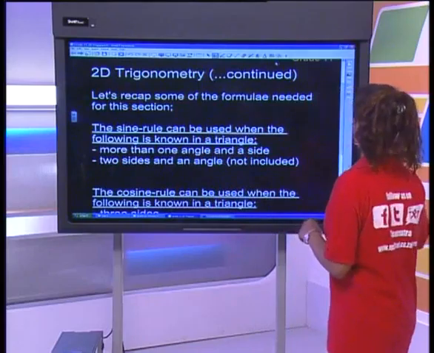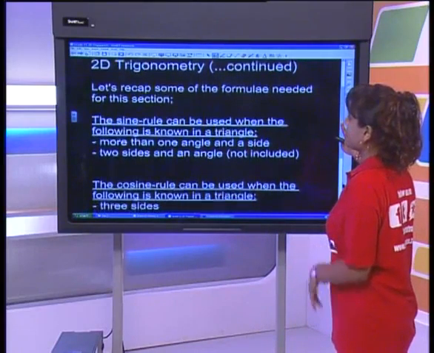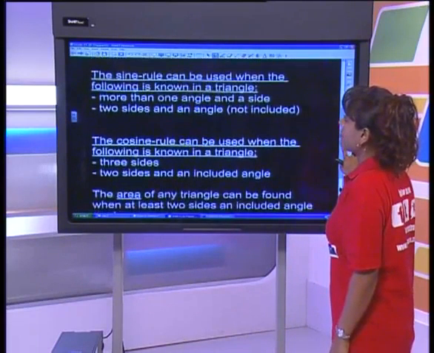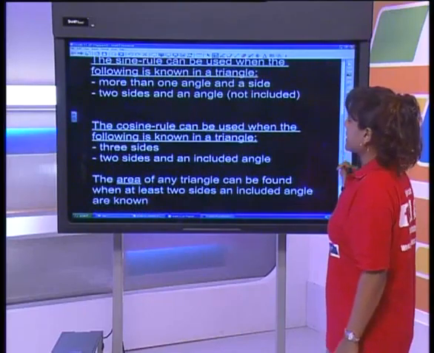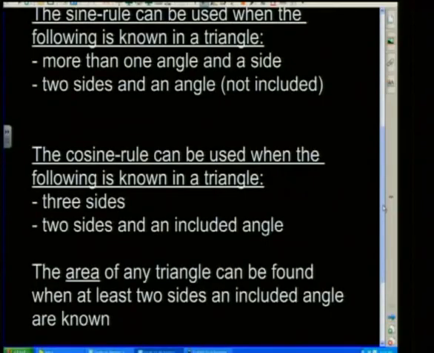Okay, so let's have a look. As I said, it's just a recap from last week. Some of the formulae. We've said that the sine rule can be used when we know more than one angle and a side, or if we know two sides and an angle. So if I have some triangle, and I'm just going to draw this in here, and we call this triangle ABC.